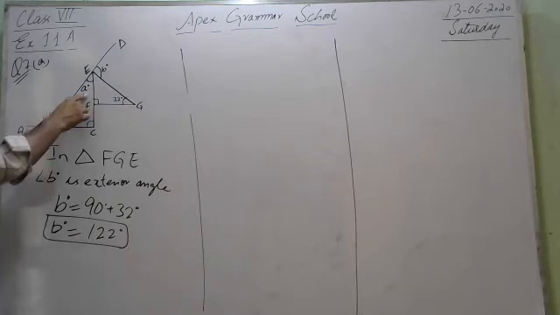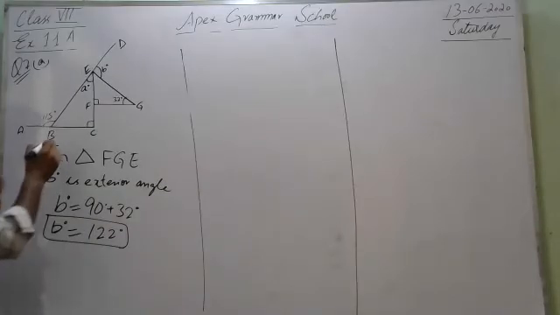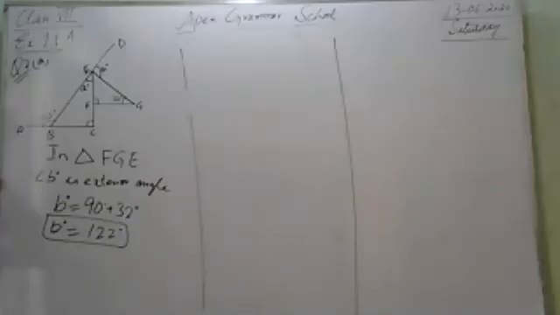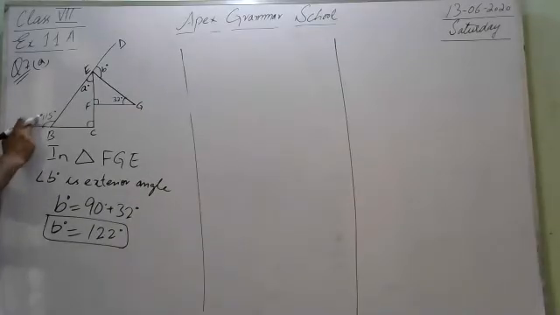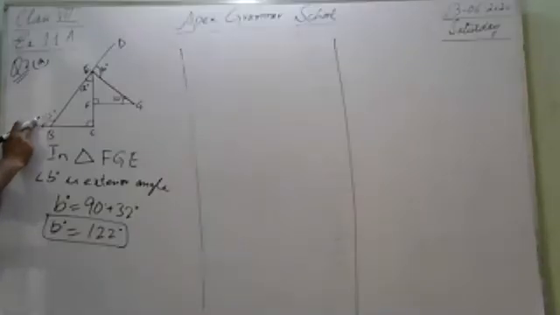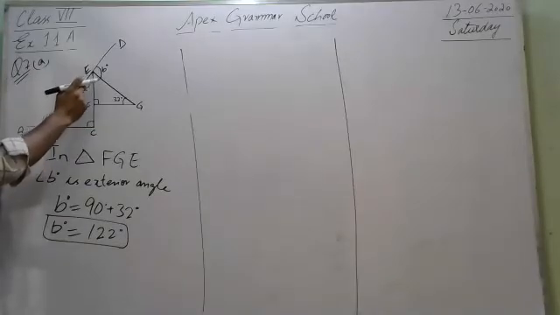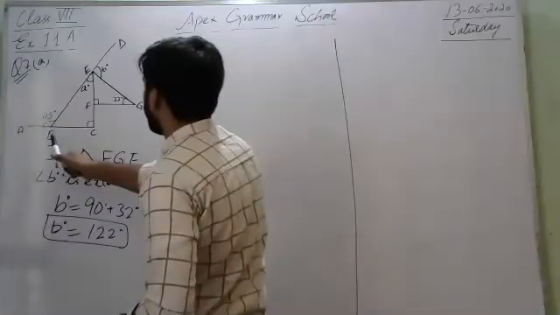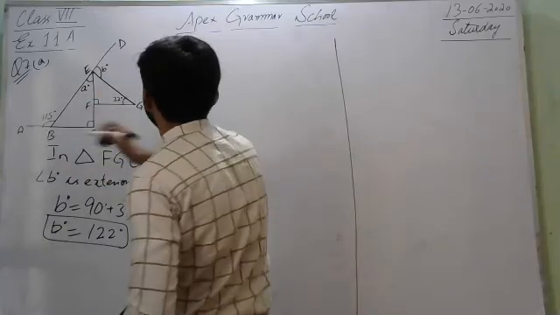To find out A, first of all we have to find 115 degree, which is its exterior angle and it's equal to the sum of A and this 90 degree in triangle BCE.